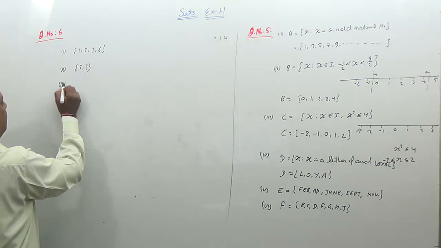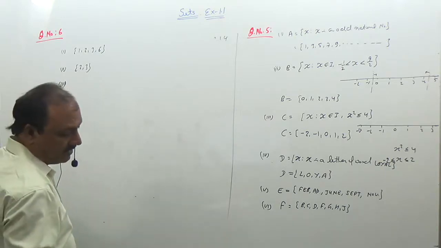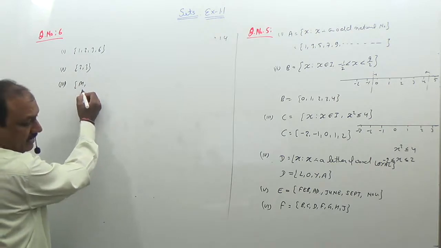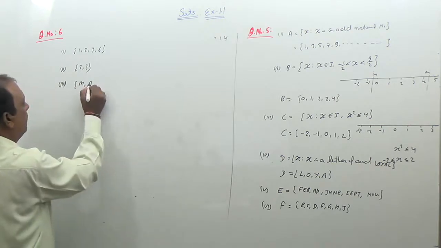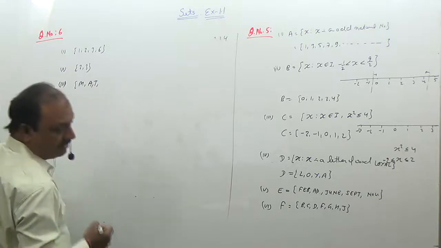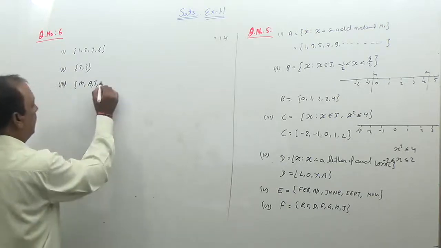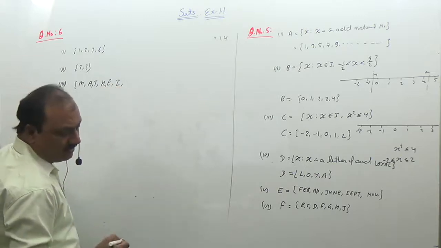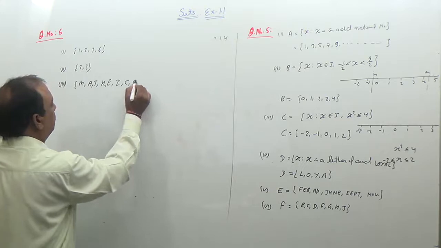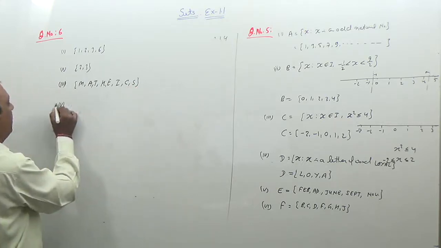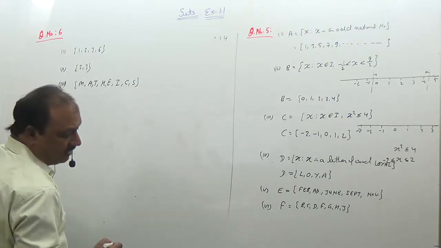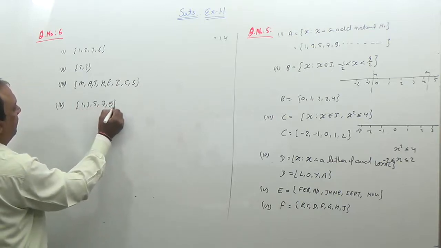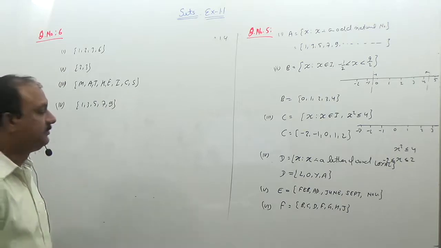And third is the set of elements taking letters M, A, T, H, E, I and C, S. The fourth part is a set of the elements 1, 3, 5 and 9.